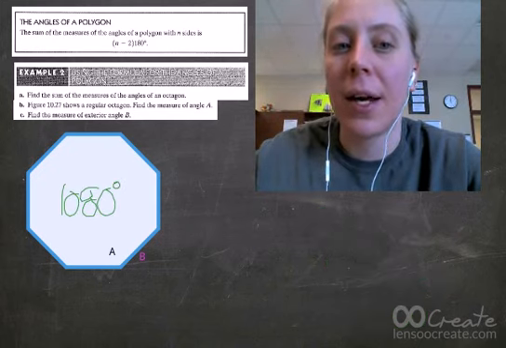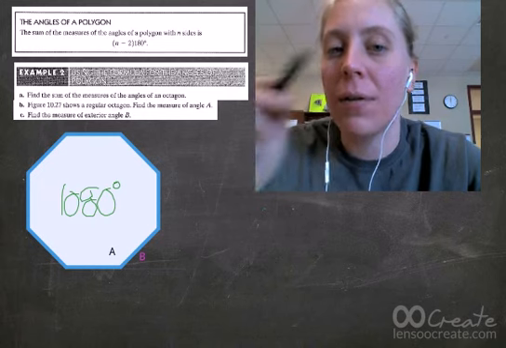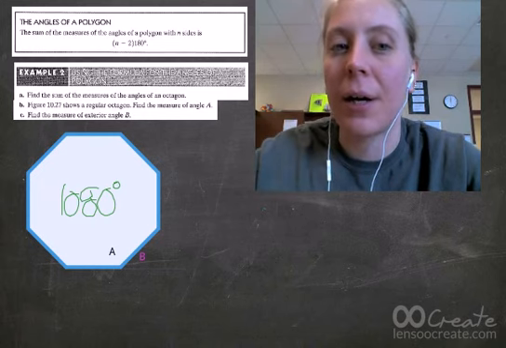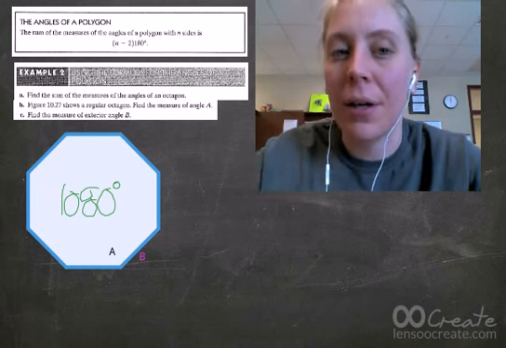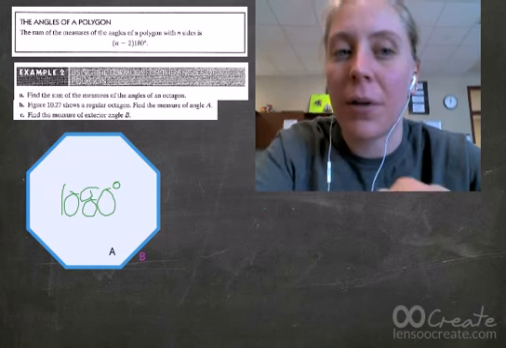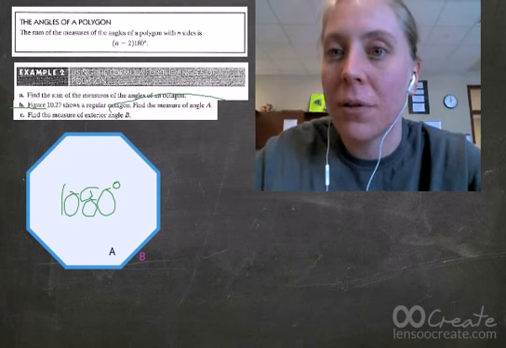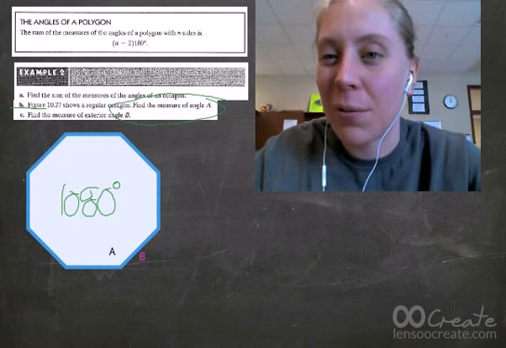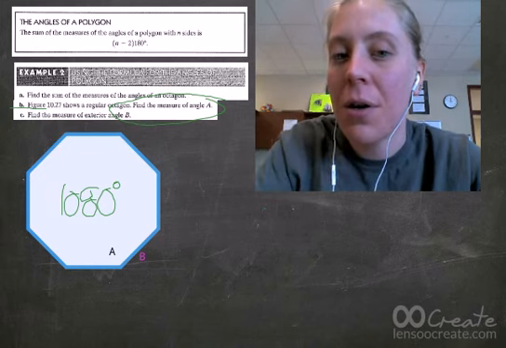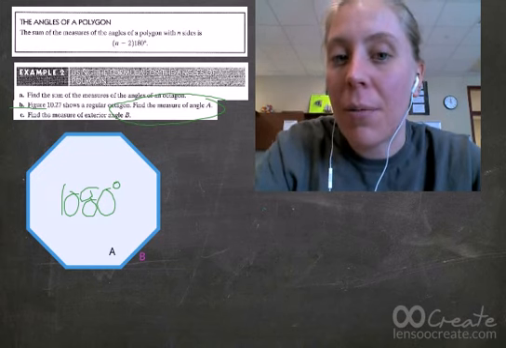All right, so we found in part A that there is 1,080 degrees in all of those angles inside my polygon, my octagon here. And so let's take a look at part B. We want to find the measure of angle A, so just one of those 8 angles. Since this is a regular polygon, we know all of our angles have the same measure.